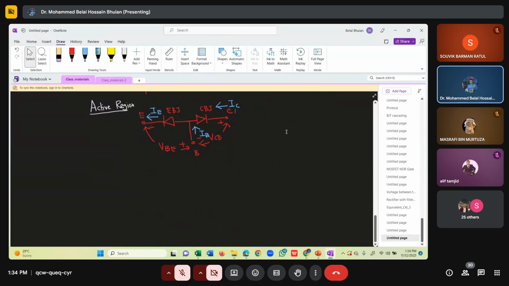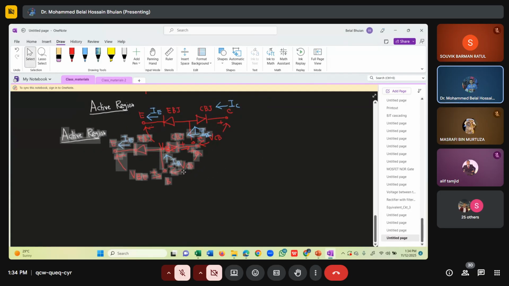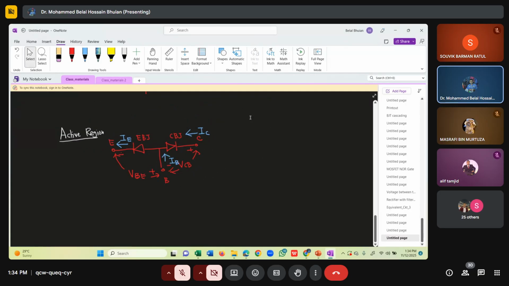Now, how are the currents flowing in the emitter terminal, base terminal, and collector terminal related to the voltage applied between base and emitter and collector to base? Let's find out. For that, let's consider a single diode, just a very simple diode.